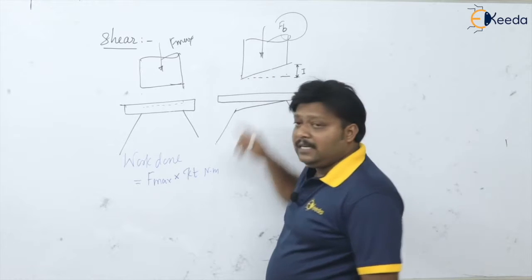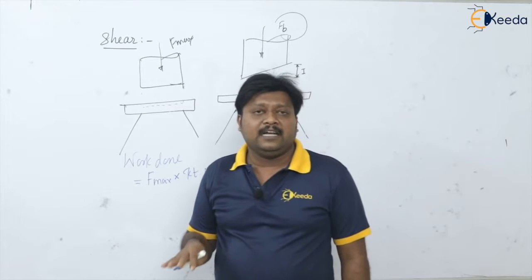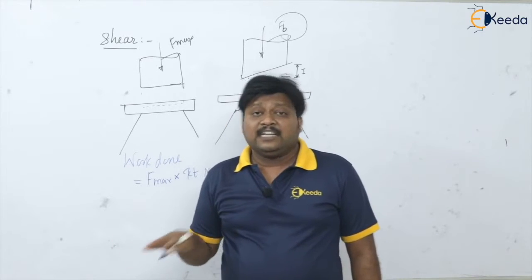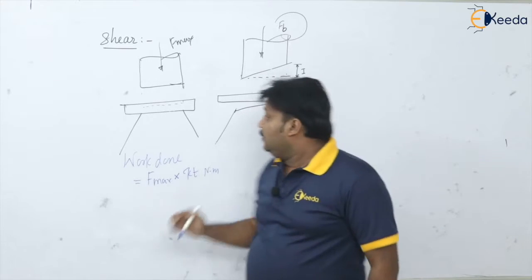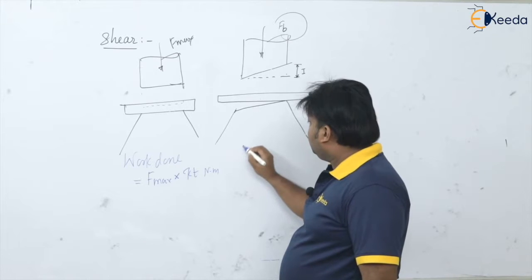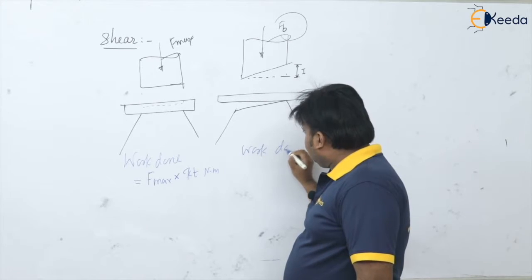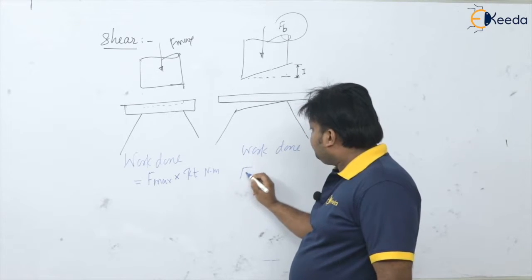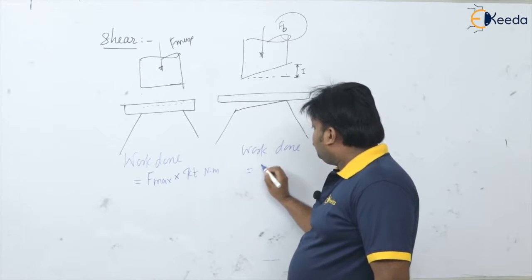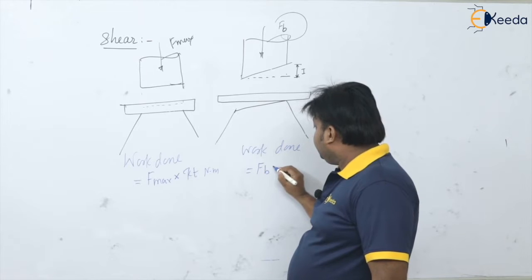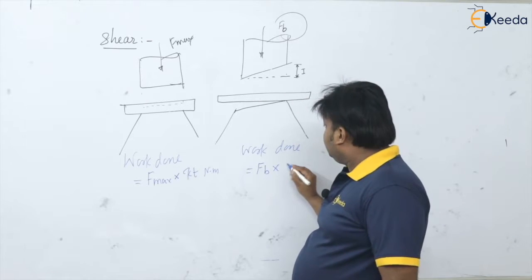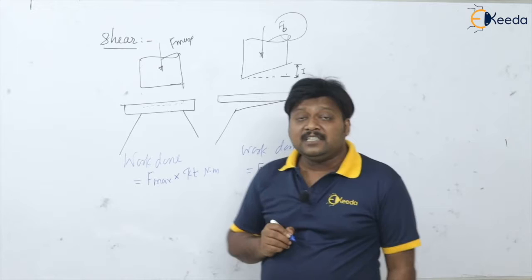Now here we have ground the faces of the punch and die, so the cutting action is going to happen over a period of time, not instantaneously. So the force is going to be minimum. If I want to calculate the work done here, it is equal to FB, the force is definitely minimum, into the distance traveled by the punch.